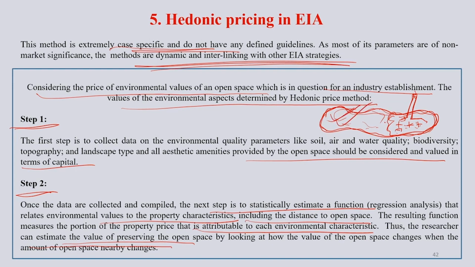You will find in most cases, if some part of the open space is taken and you make a small project there, the price of the remaining open space might go even much higher, because people will want to go there more, and there will be less space, but the number of people will be much higher because some space has been taken off. So this is how hedonic pricing actually helps you to calculate the impact.